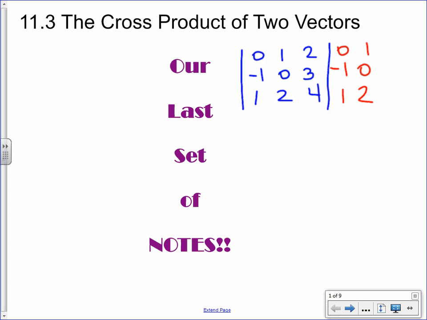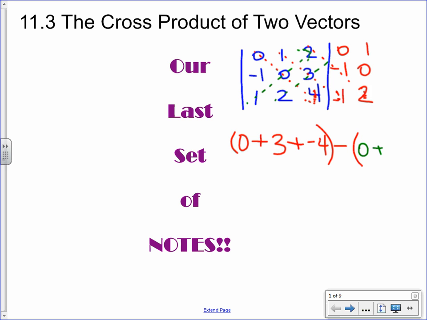So we go down first. So what's this product? 0. Plus, 3. Plus, -4. And then we subtract the up diagonals. 0. Plus, plus, -4.